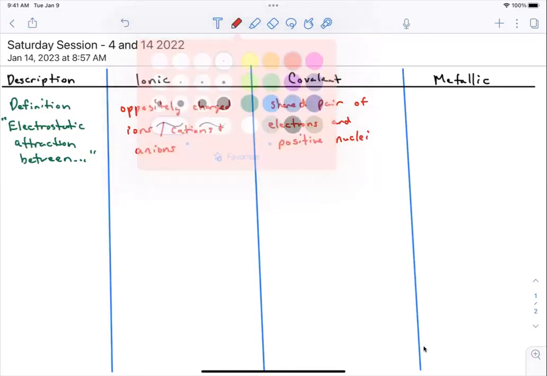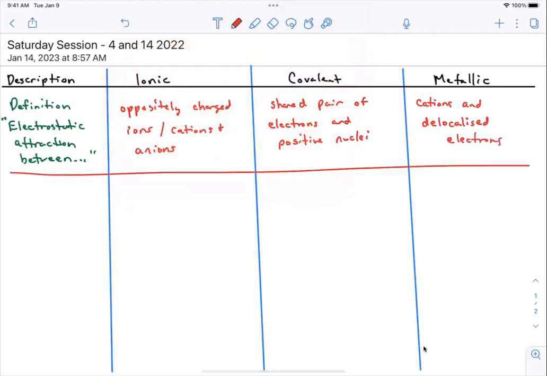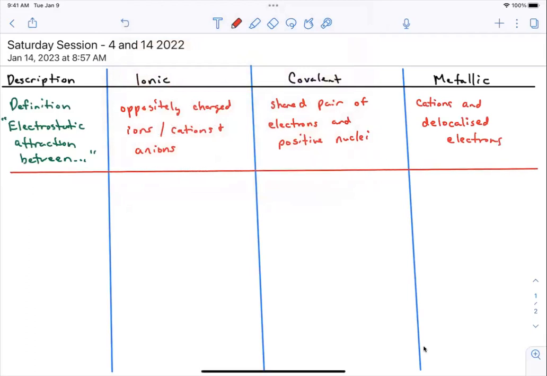Where metallic is between cations and delocalized electrons. Okay. So these are the differences between the 3 types of bonding that you're going to describe.